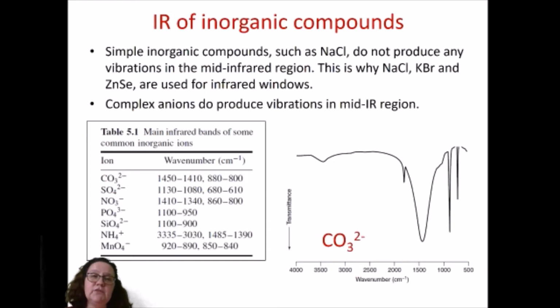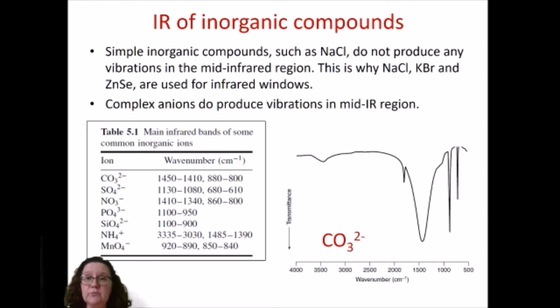A little bit about infrared and inorganic compounds. There isn't a lot, but it can be useful sometimes, for example, to identify CO2, to identify carbonates. Simple inorganic compounds, sodium chloride, potassium bromide, etc., do not have vibrations in the infrared region used for infrared spectroscopy, which is why they can be used.